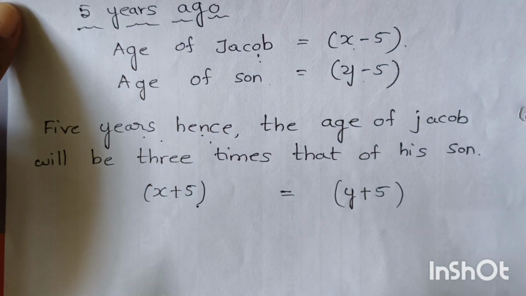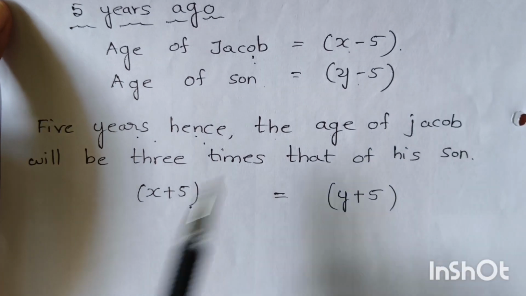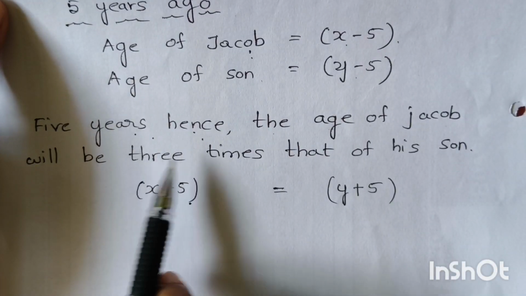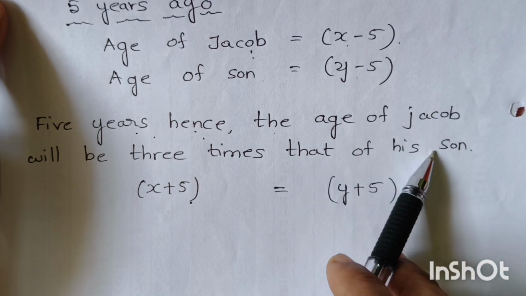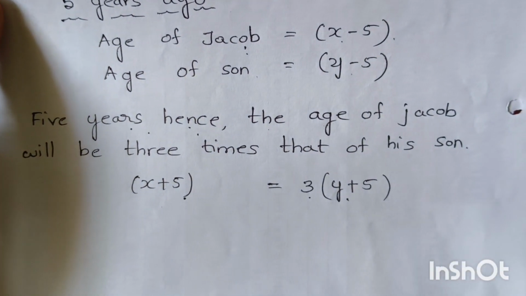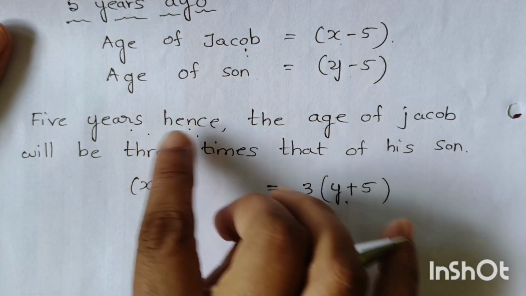Okay. Now, what have they given? After 5 years, the age of Jacob will be 3 times that of his son. Means 3 times that of his son. This is the equation for this given sentence.